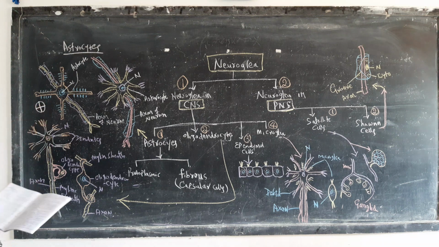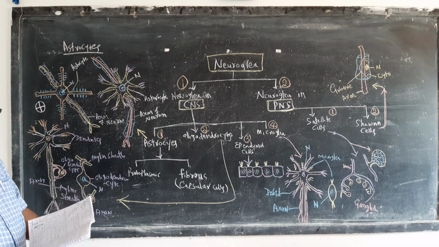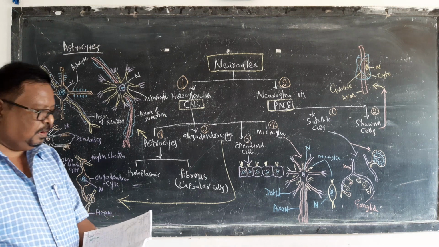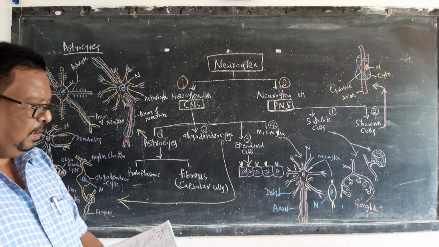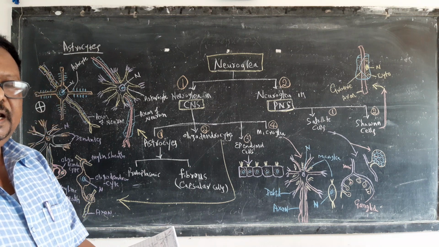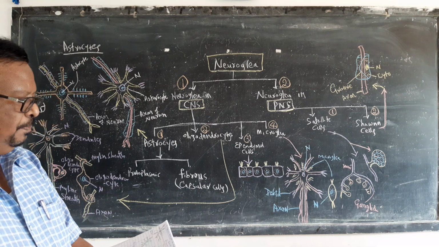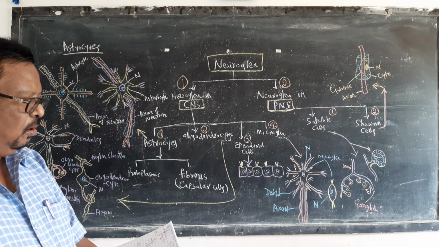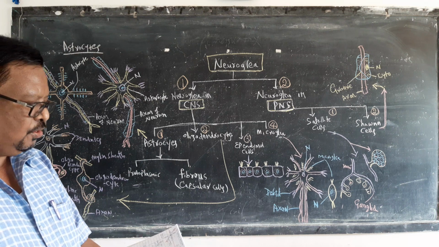They are symmetrical in structure. They are found in the grey matter of the brain. The grey matter of the brain contains this type of astrocyte, called protoplasmic astrocytes.